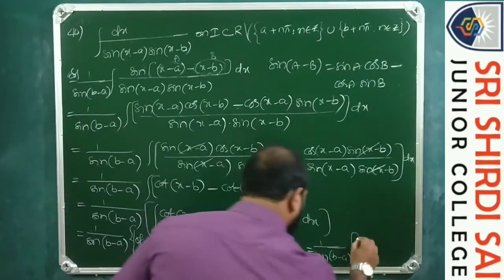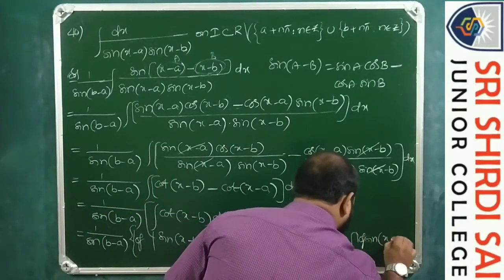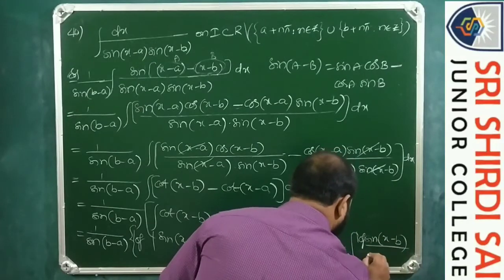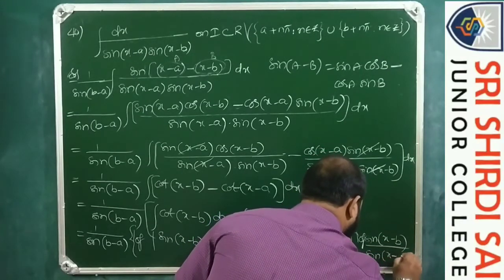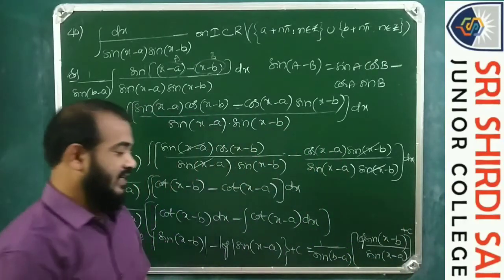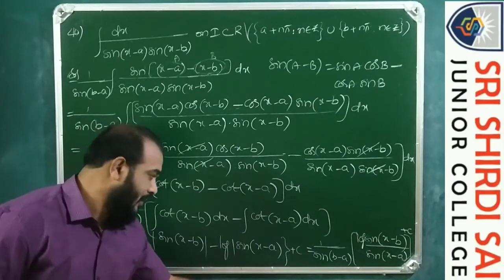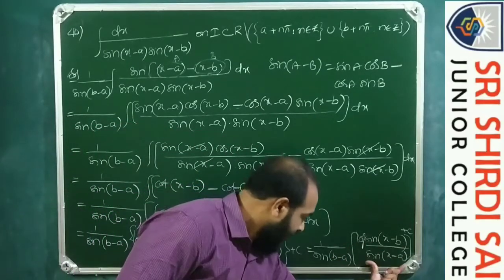So this is log of sin(x minus b) by sin(x minus a) plus constant of integration c. So this is the final answer.